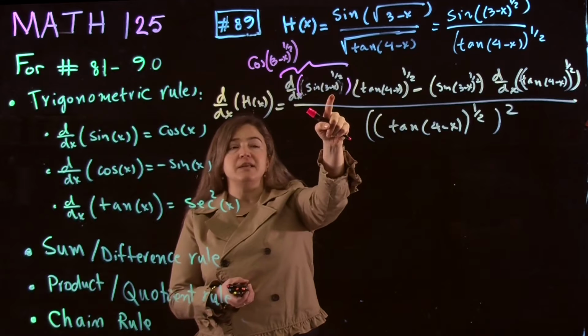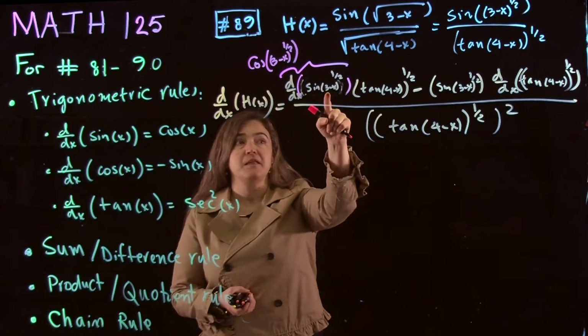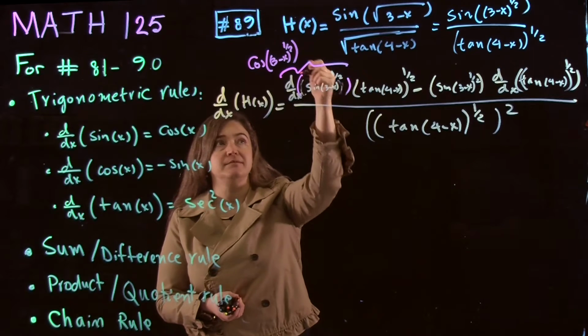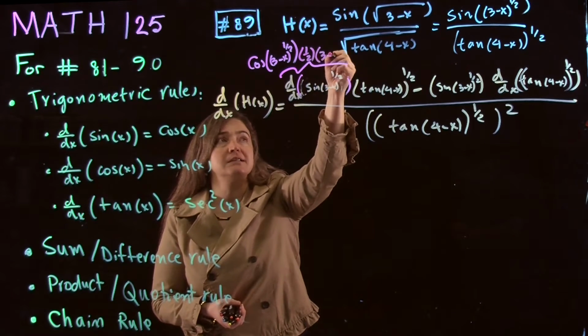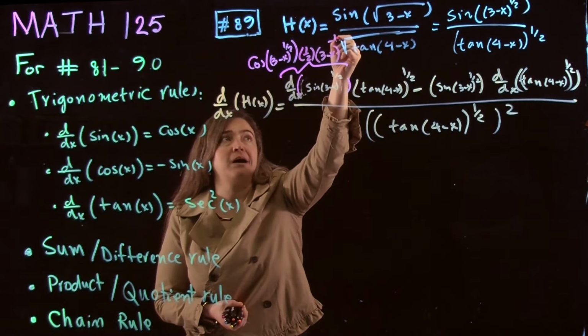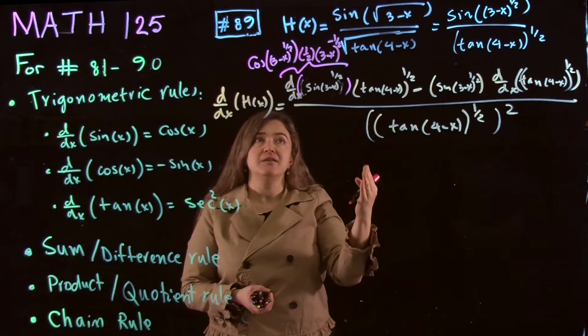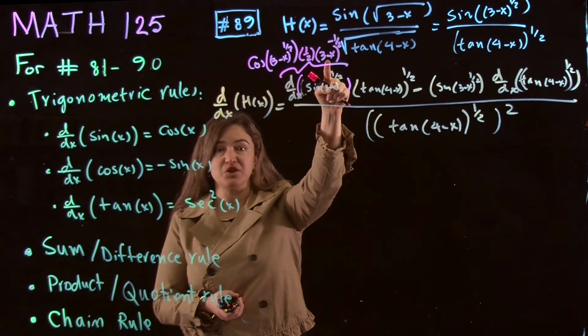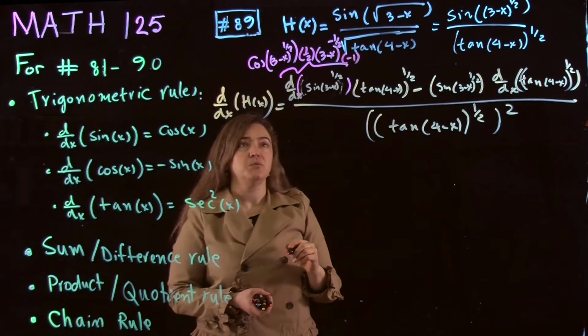Then derivative of inside, it's a chain rule on its own. (3 minus x) to power 1/2. 1/2 comes down. Inside unchanged, to power 1 less. Then derivative of inside, which is 3 minus x. Derivative of 3 minus x is -1.